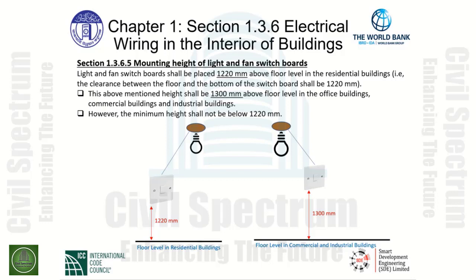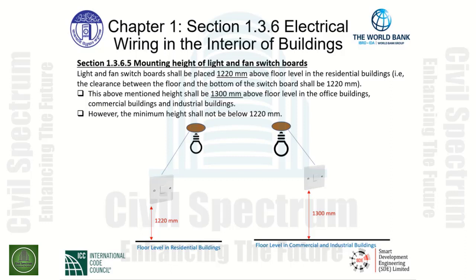1,220 millimeters. In the diagrams below, on the left, we have a floor level in a residential building. We measure from the finished floor level to the bottom of the switchboard, and we must be at least 1,220 millimeters above the finished floor.